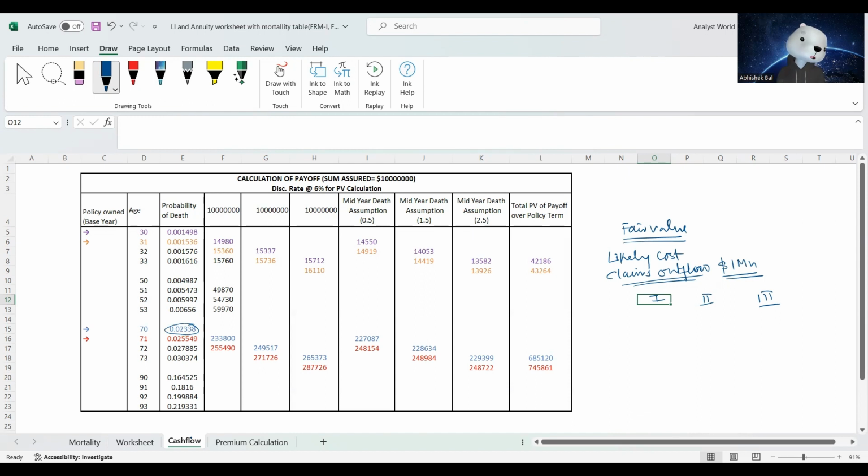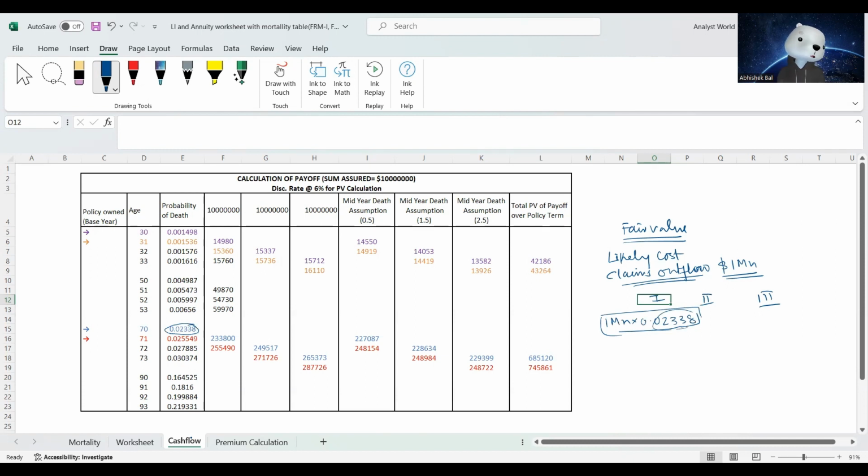So what is the probability-adjusted claims outflow there? Well, it is going to be 1 million multiplied by 0.02338, right? This is the probability that the person may die, and this is the probability-adjusted payoff.